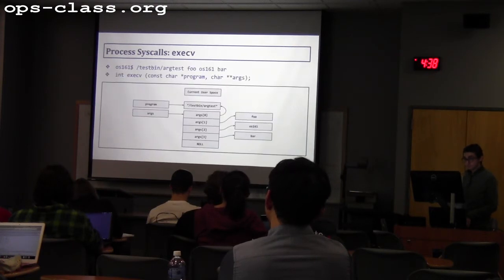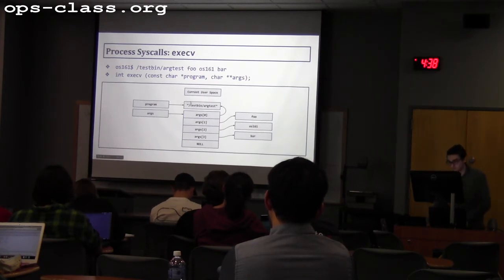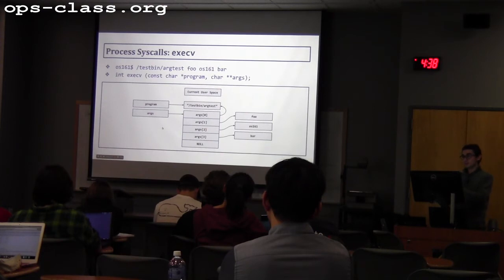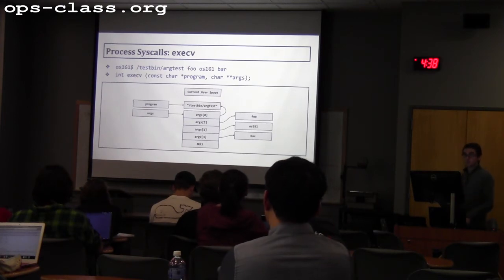So now let's go through an example. Let's say in OS161 you call argtest and you pass these three arguments: foo, OS161, and bar. Let's ignore the program pointer and just focus on the args pointer. This is what the program receives when you call argtest: an array of pointers pointing to the arguments.